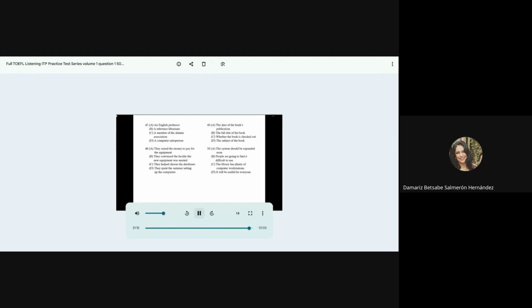What new information is available on the computerized system that was not available in the card catalog? Number 50. What does the speaker think of the new equipment? This is the end of Section 1.